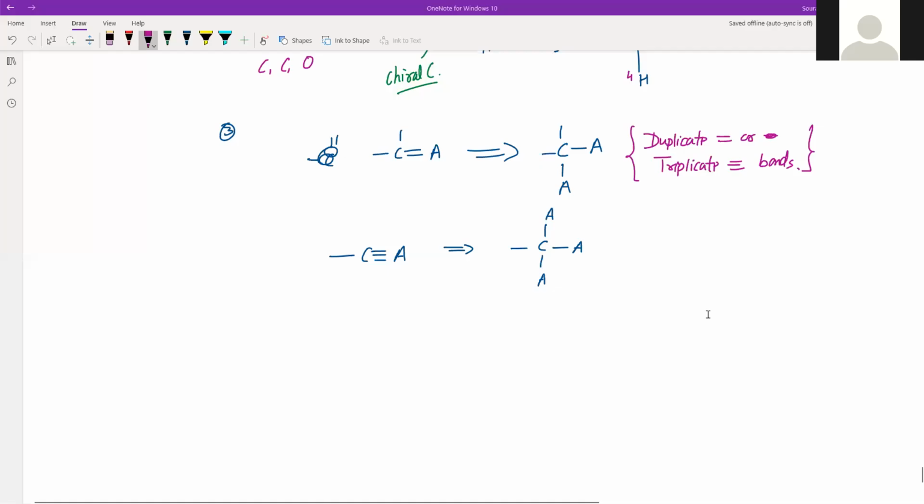Rules to decide the ranking or the priority of the groups or atoms attached to the chiral carbon, or the asymmetric carbon. Right? Let's move to the next step. So this is the first step.